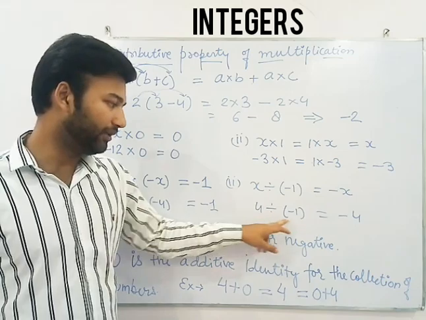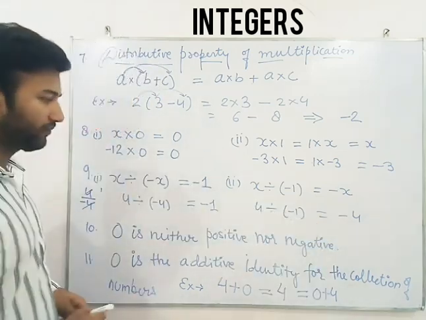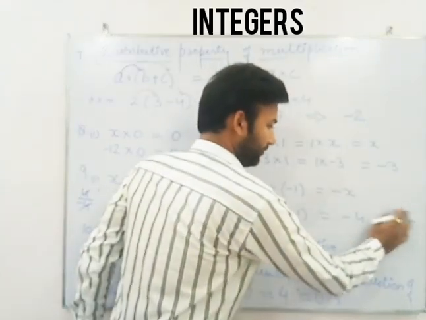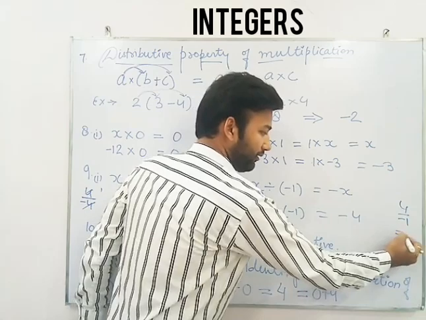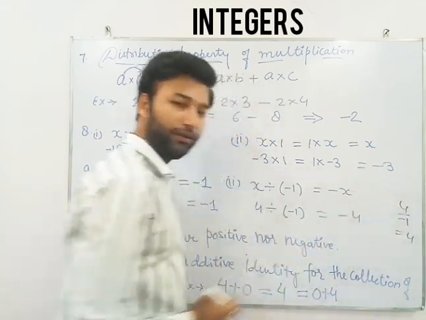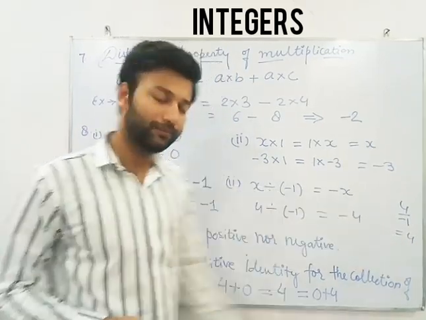Like this, 4 divided by -1, the answer is -4. You can check like this: 4 divided by -1, the negative sign will be in the numerator, and if 1 is in the denominator, then we can write it like this, -4.